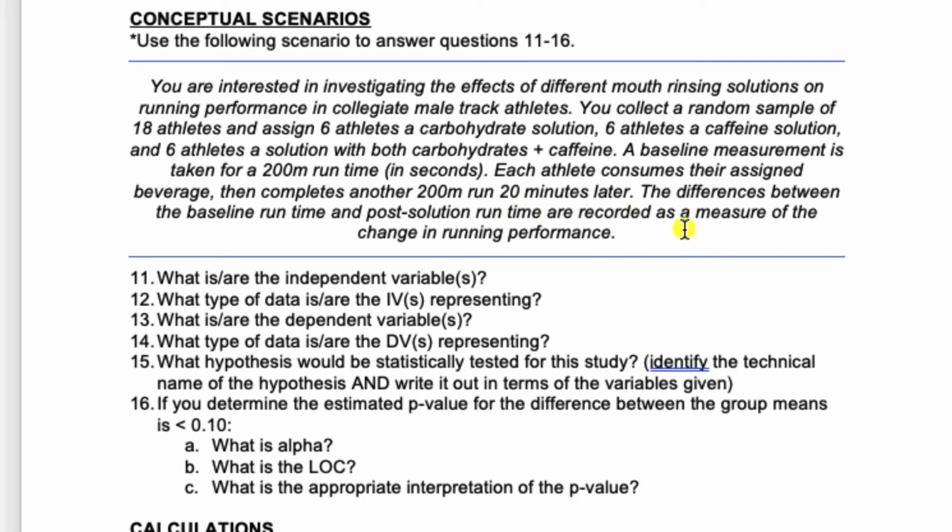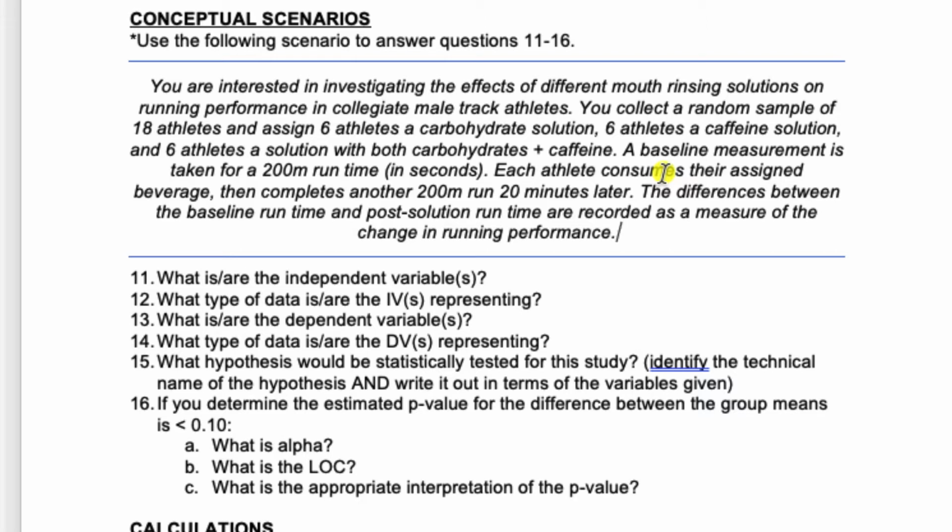Each athlete consumes their assigned beverage, then completes another 200-meter run 20 minutes later. The differences between the baseline run time and post-solution run times are recorded as a measure of the change in running performance. In other words, if a post-solution runtime subtracted from a baseline runtime results in a positive value, that means the solution actually slowed the person down because it would be a greater post-solution runtime than baseline.